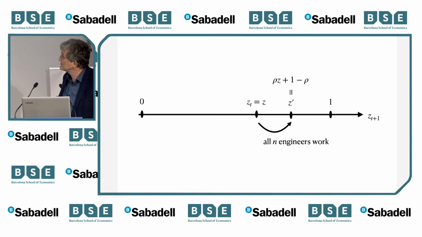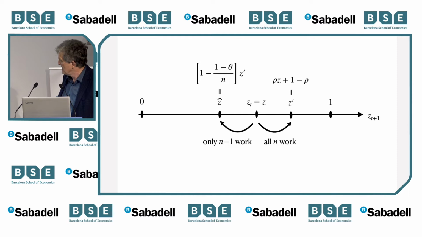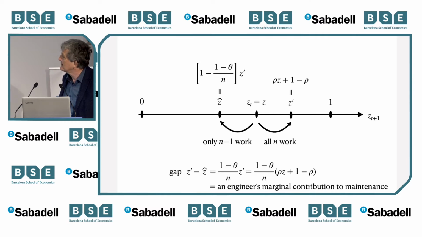If, on the other hand, one of us shirks, then you end up with a productivity Z hat, which is obviously lower than Z prime by the factor, that square bracket. The gap between Z prime and Z hat is, in effect, a Little John's marginal contribution to maintenance, is it not?